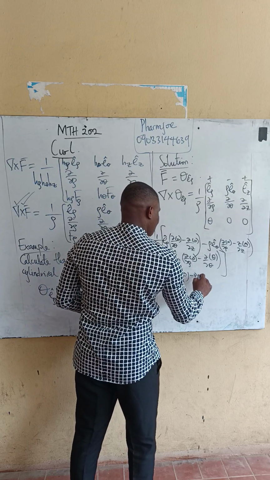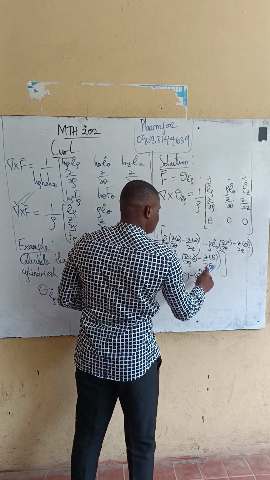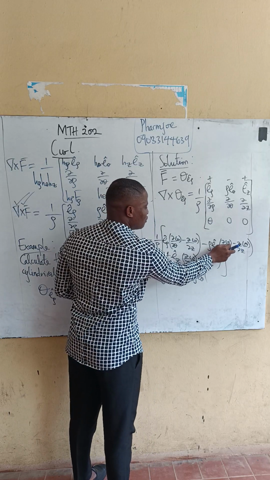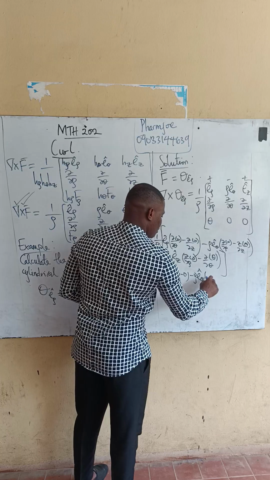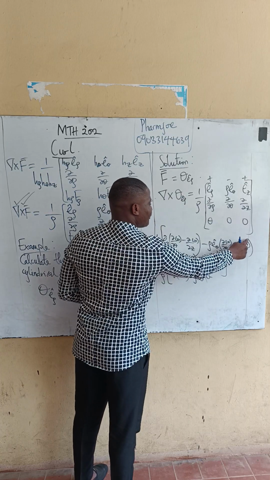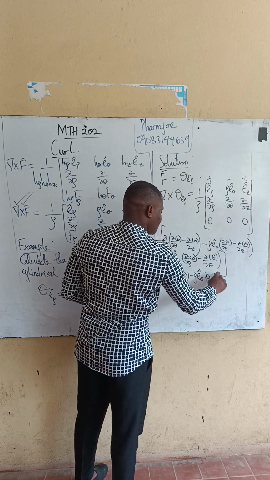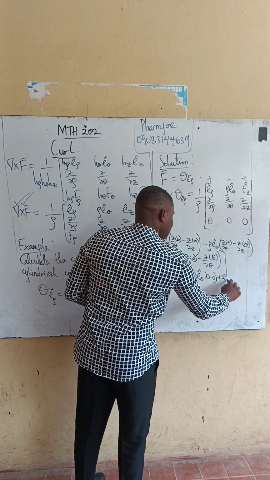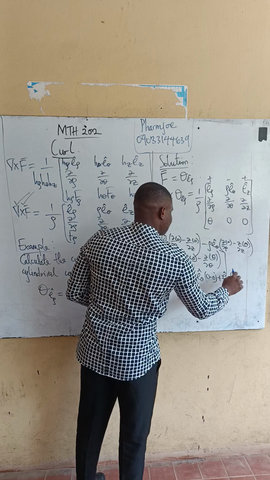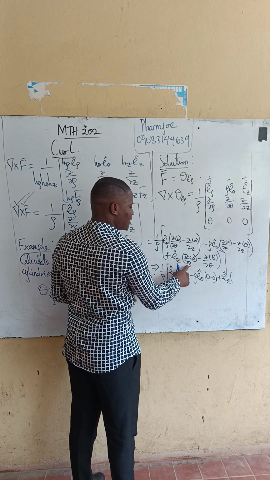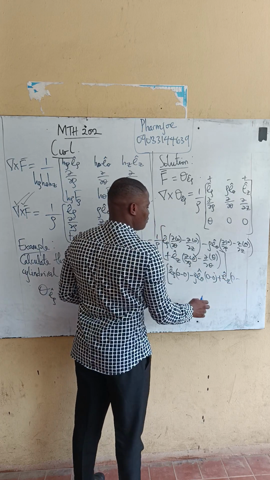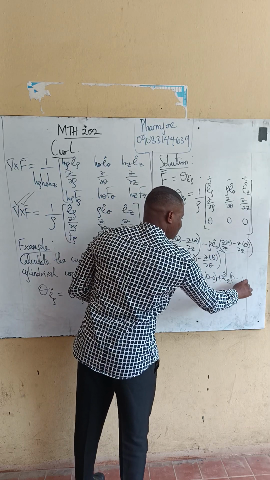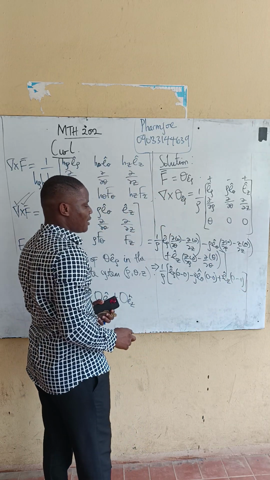I have minus rho E theta; the derivative of 0 with respect to rho also becomes 0, and the derivative of theta with respect to z also becomes 0. So everything is reducing to 0. Then I have plus Ez. The derivative of 0 with respect to rho is also 0, and the derivative of theta with respect to theta becomes 1. So that's the only one that has value.